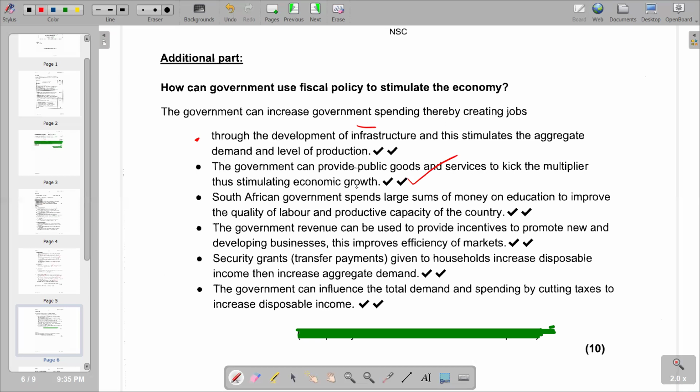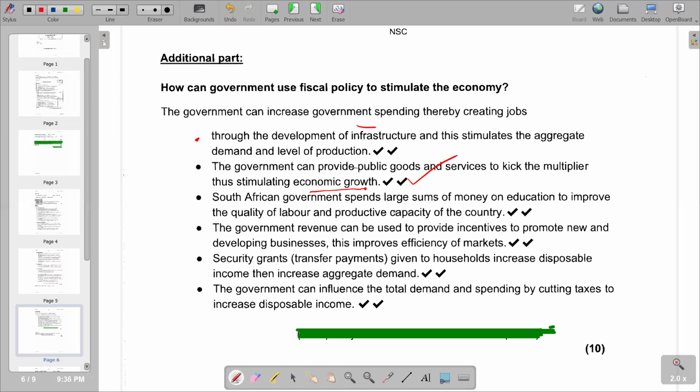So basically, the essence behind is just to increase economic activity, which is explained from the point of view that there is an increase in the production of goods. So we are seeing that we have got economic growth here, and economic growth, we know that this is the increase in the total amount of value of goods that are being produced from one period to the other. When you notice that there's an increase, then we've got economic growth. So basically, that's the stimulation that is being mentioned there.